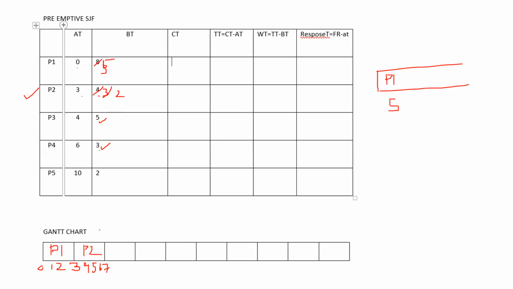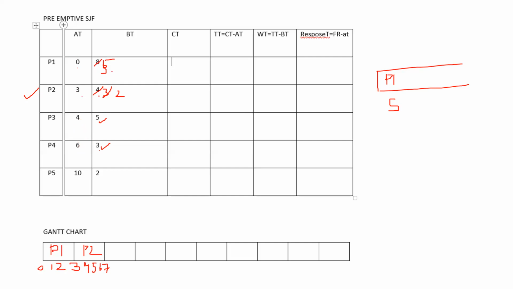Okay. Next, now I am at the time of 7. Who all are there already? P1 is there, P2 is over, right? Now P4 is there, that came at 6 already. P3 also there, right? And P1 also there with the 5.